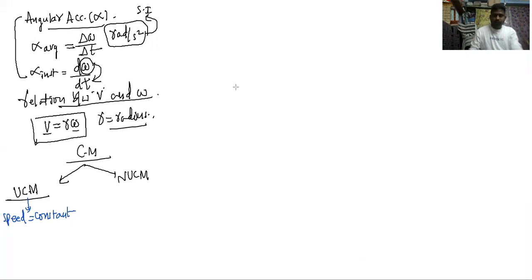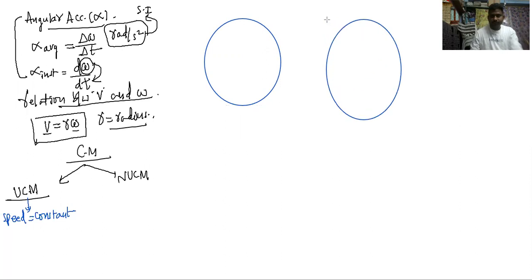Let me draw two diagrams for your better understanding. Look here. This is the radius of the circular path. Imagine here we are discussing uniform circular motion, and here we are discussing non-uniform circular motion.